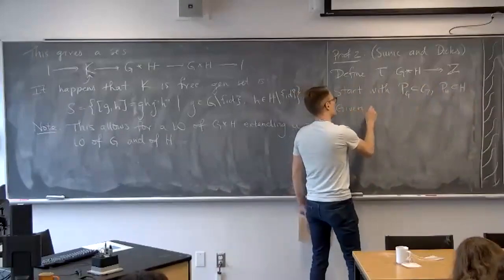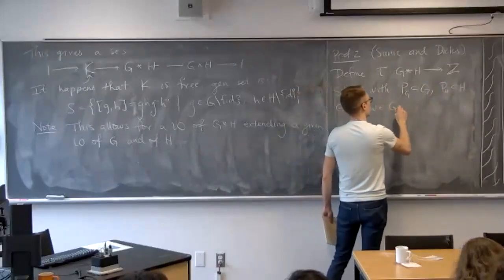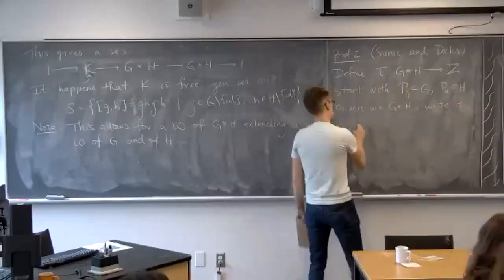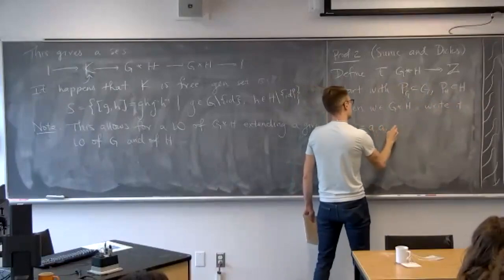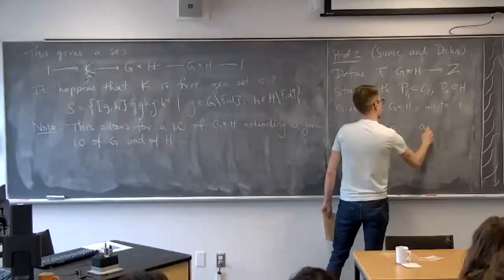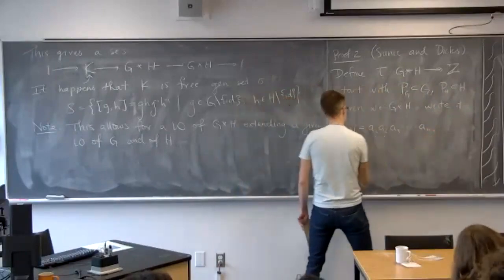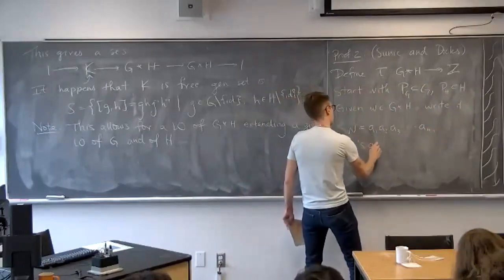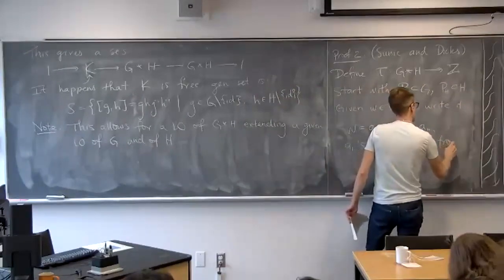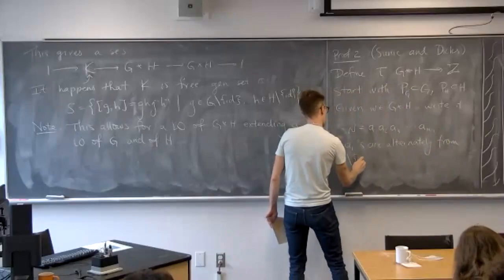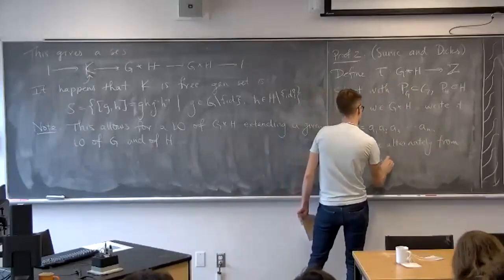Now, given a non-identity element w in the free product, write it in normal form, a1, a2, a3, up to an, where the a_i are all from G without the identity and H without the identity.